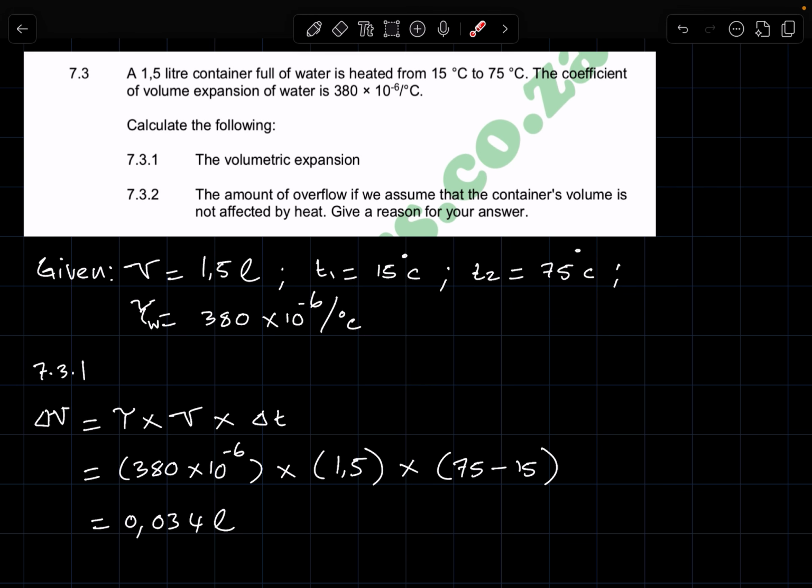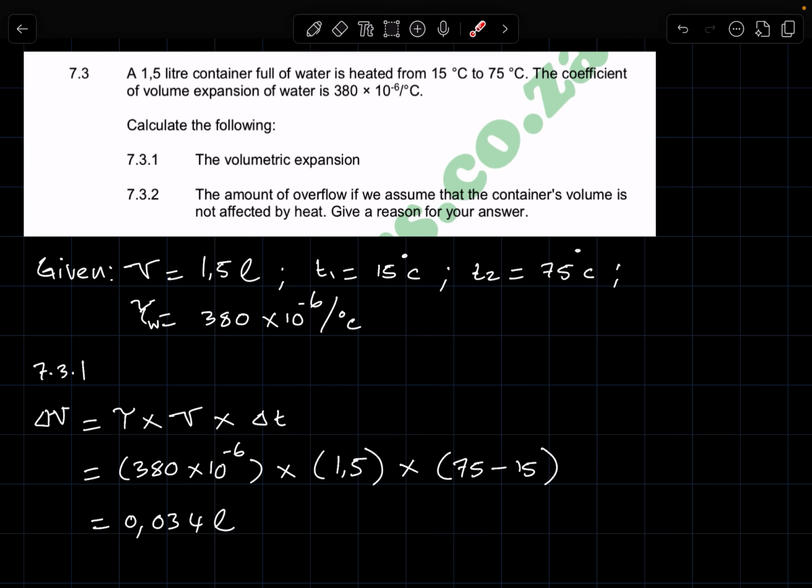How much volume of water is going to spill over if we assume that the container's volume is not affected by heat. So by not affected by heat, it means that as heat energy is being added, it doesn't affect the container, so the volume of the container remains the same regardless of the heat energy being added. So the heat energy being added only influences the volume of water. That is what they mean.